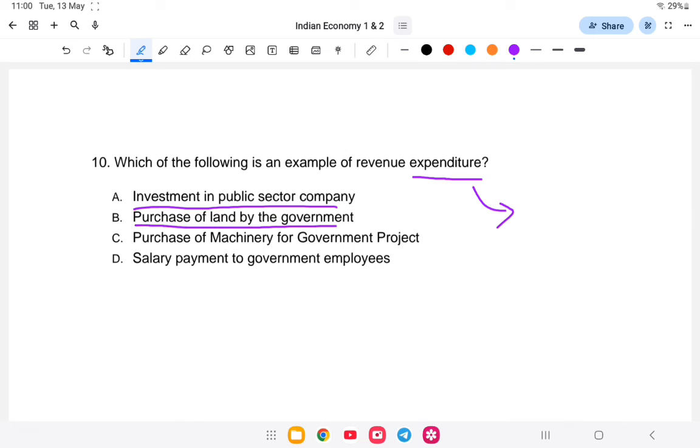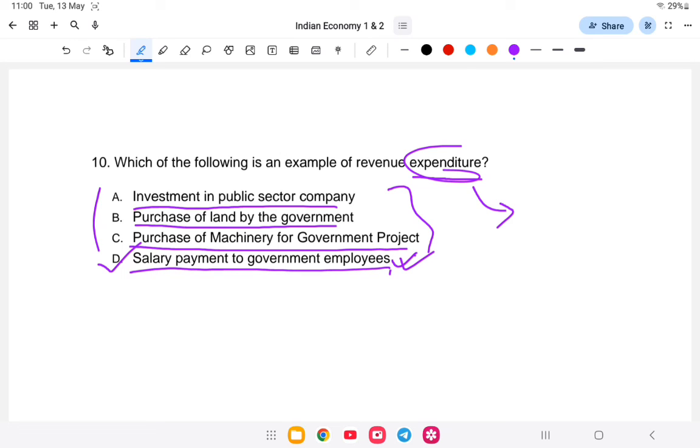Purchase of land becomes an asset, and purchase of machinery likewise. So salary payment to government employees is the answer, because the government pays out salary without receiving an asset. So this is revenue expenditure.